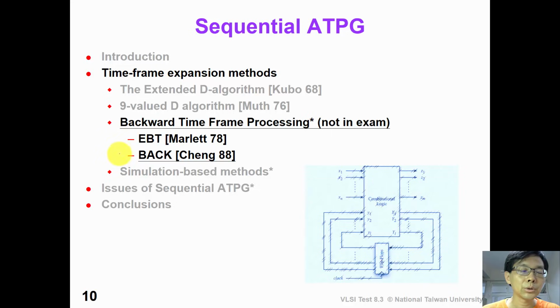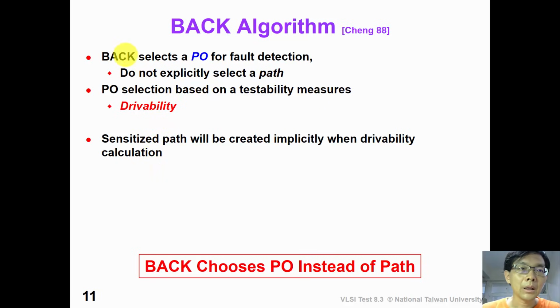Now let's introduce the second algorithm, the back algorithm proposed in 1988. Instead of explicitly choosing a path, the back algorithm proposed to select a primary output for fault detection. And the primary output selection is based on a testability measure called drivability.